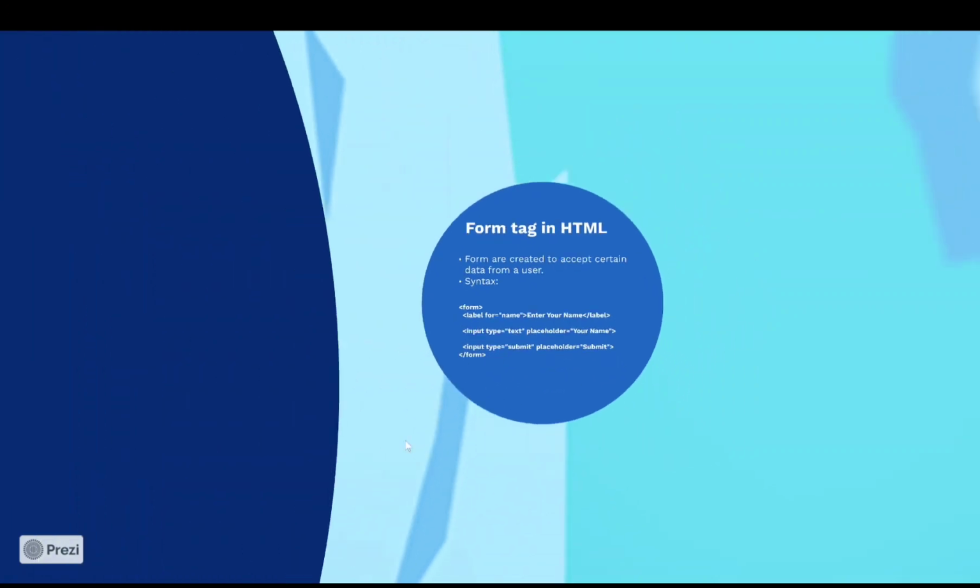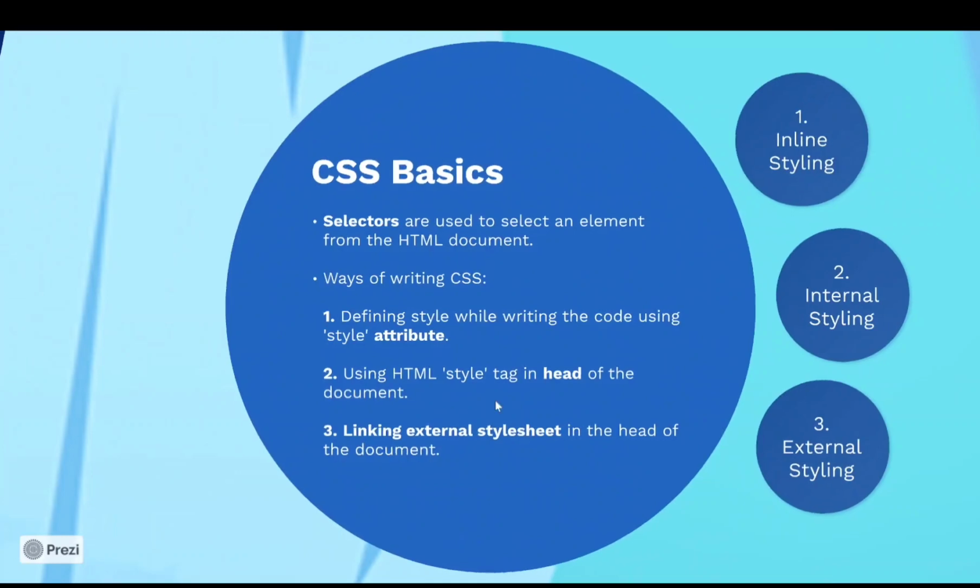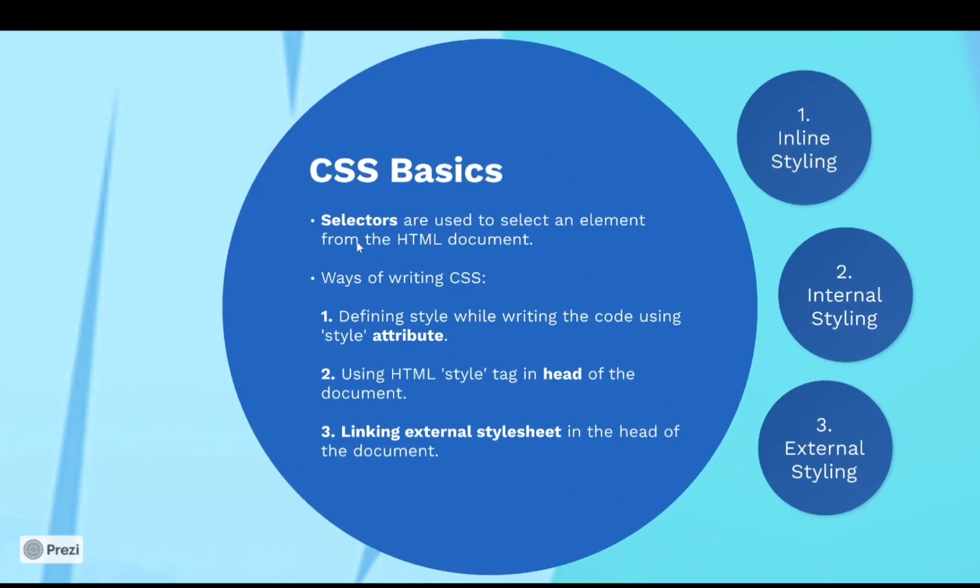So we need not go through it again. Moving down the line, we will study CSS now, how it fits inside the picture, and how we can beautify the HTML document that we created. So let's learn about the CSS basics first.